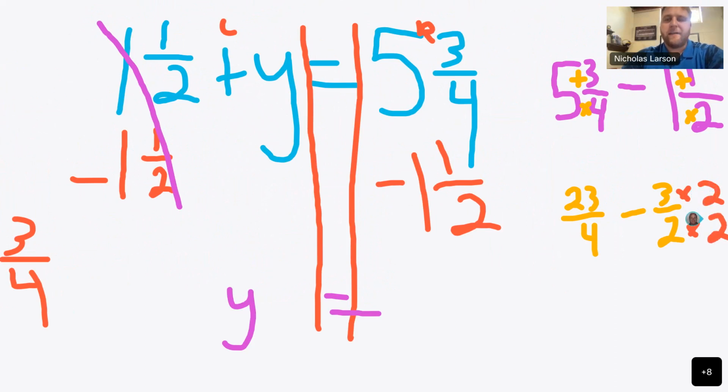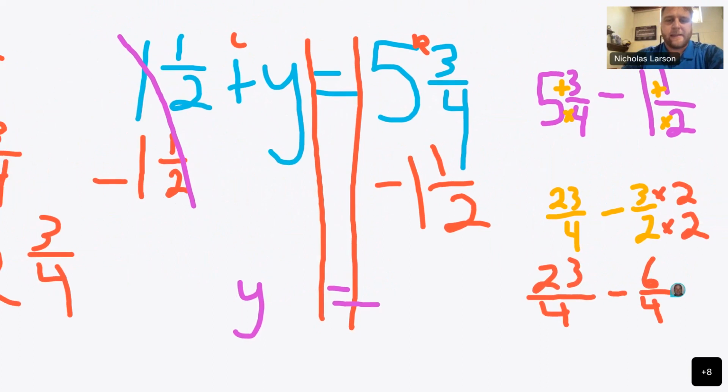I'm not changing it, okay? I'm just rewriting it with the same denominator. So 23 over 4 minus 6 over 4. What is 23 minus 6?